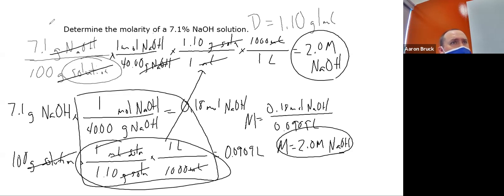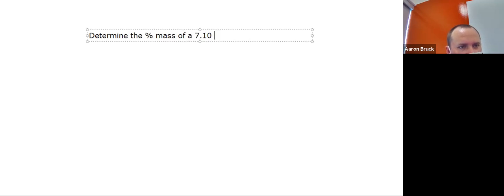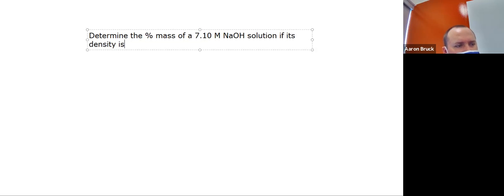All right, do we want to see a flipped example where we go the other way? Okay, let's do the exact flip then. Determine the percent mass of a 7.10 molar NaOH solution if its density is 1.15 grams per milliliter.